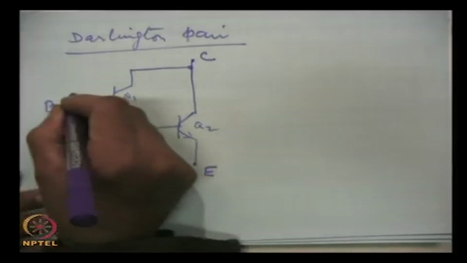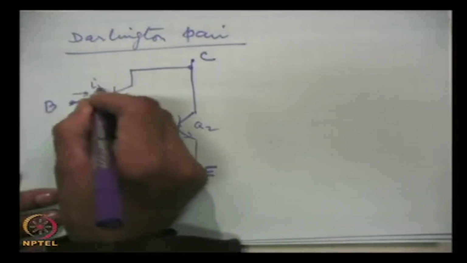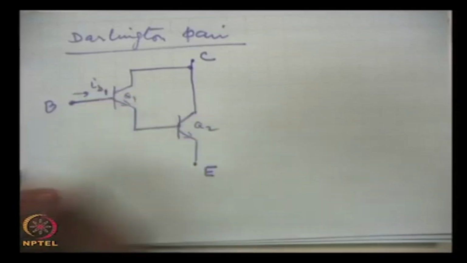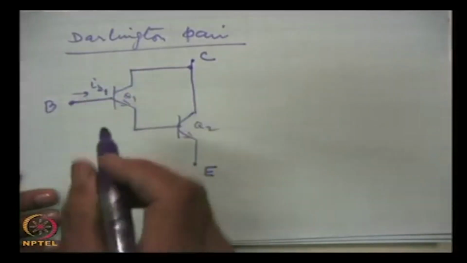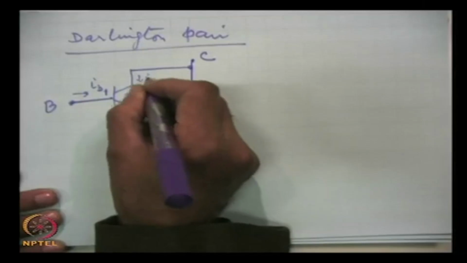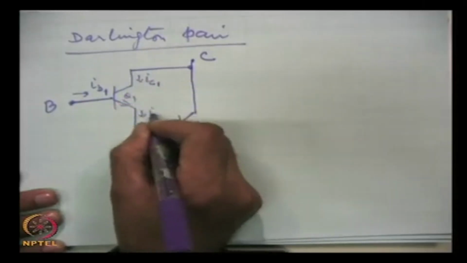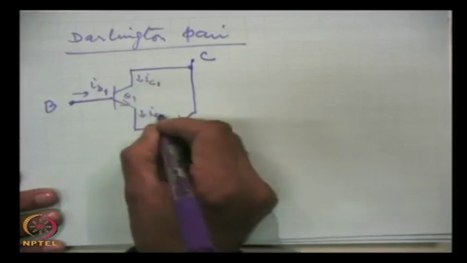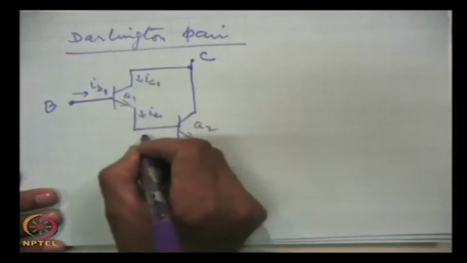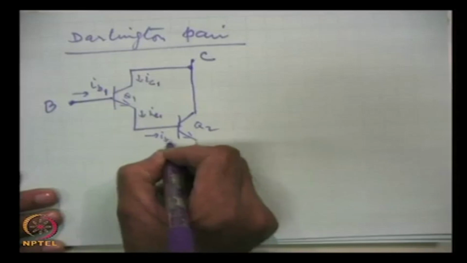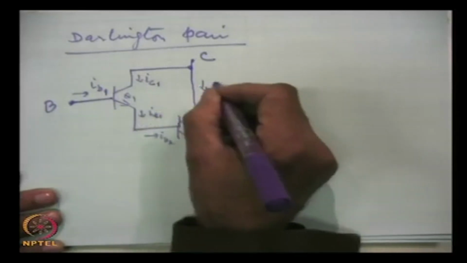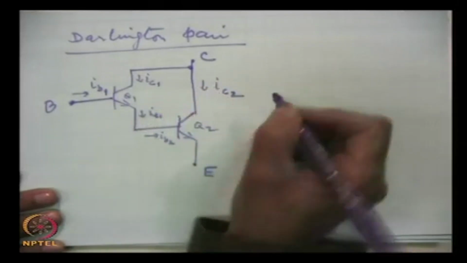And here the current IB1 flows, and this is IC1. This is IE, which is the same as IC1, and the same current becomes IB2, and here it is IC2.